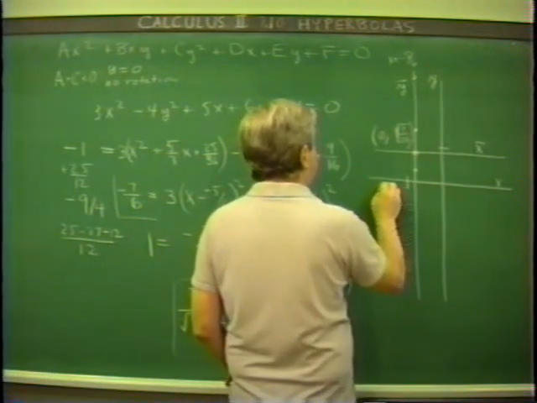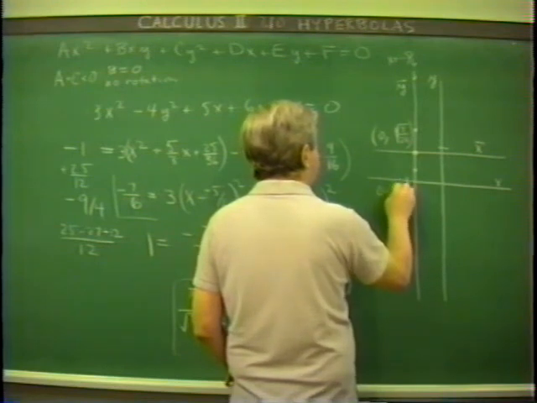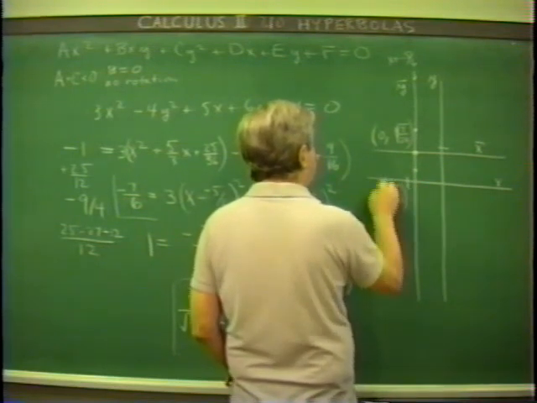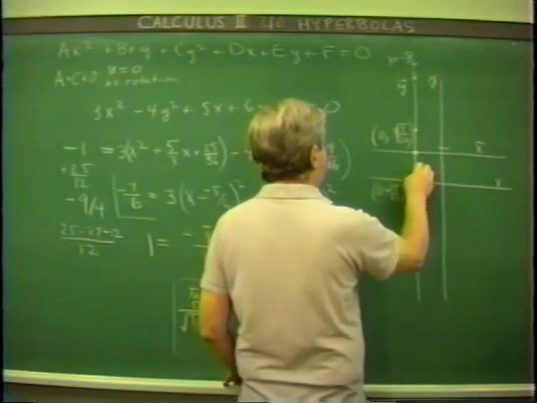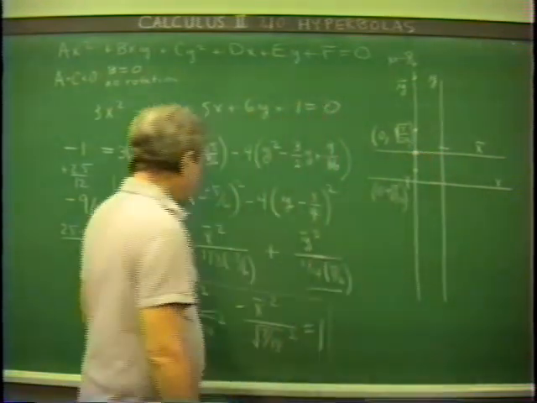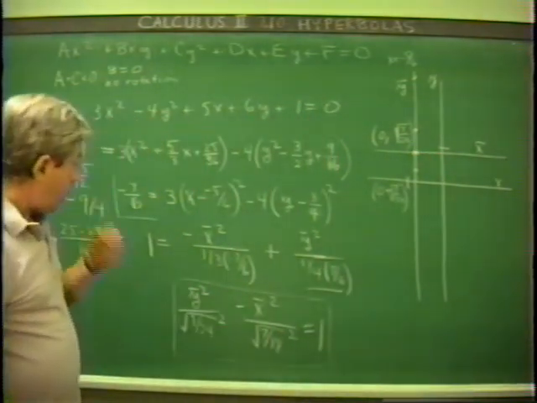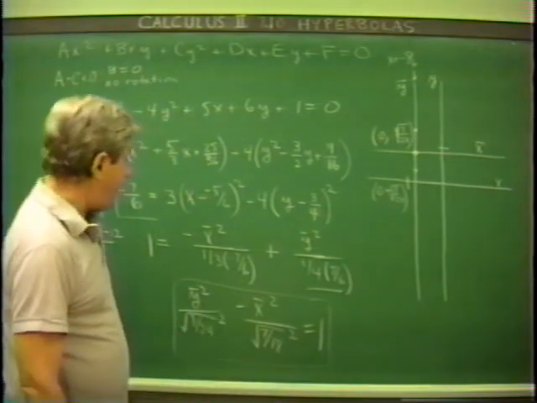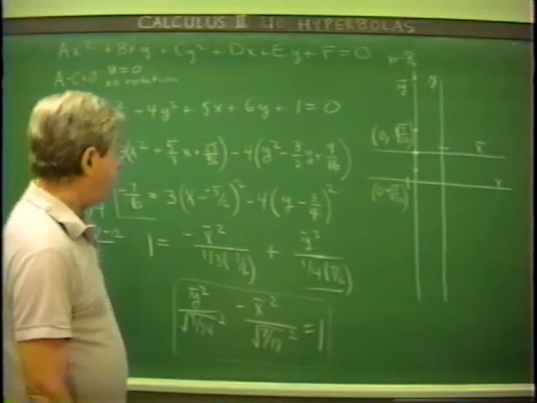And down here to the square root of 7/24. And these are 2 points, 0, square root 7/24, and 0, minus square root 7/24, in the x bar, y bar coordinate system on the graph of this.